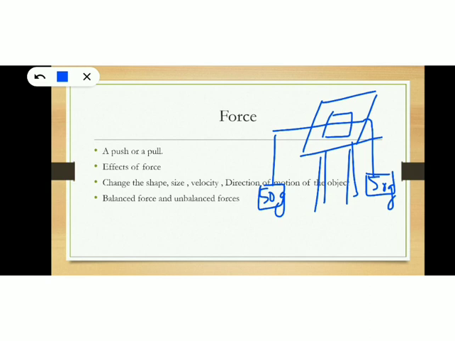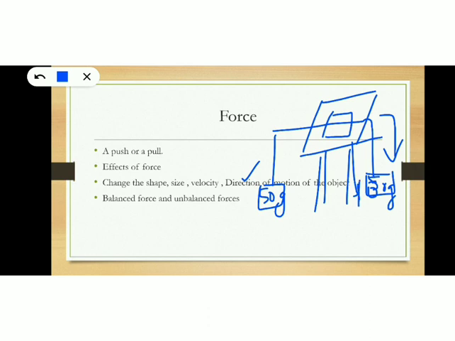But at the same time, suppose on this side I have suspended a weight hanger of 100 gram, and on this side a 50 gram weight hanger has been suspended. Now what happens? It's very familiar. The book will move towards the direction of greater force.